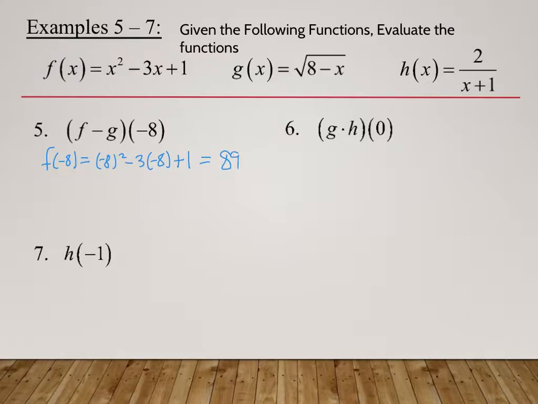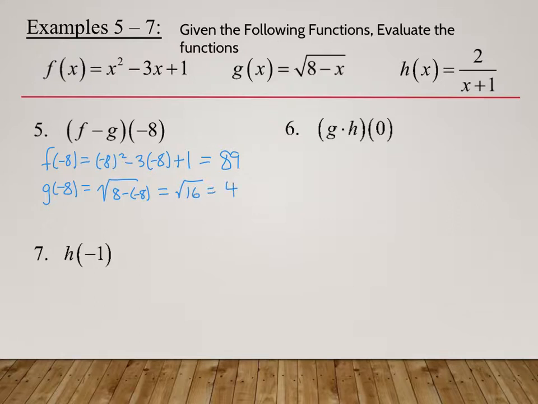Now we're going to evaluate g of minus 8. Here, let me do this right. We do g of minus 8, and we get the square root of 8 minus minus 8, which equals the square root of 16, which is equal to 4.